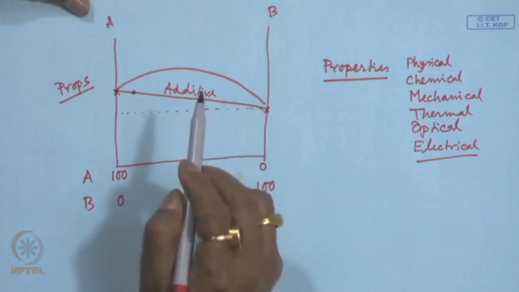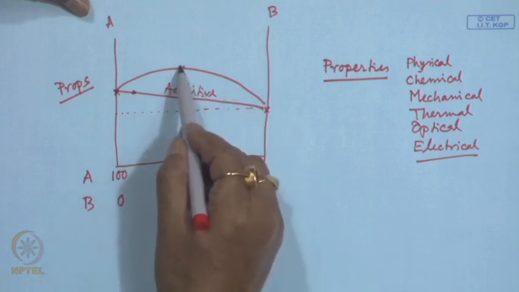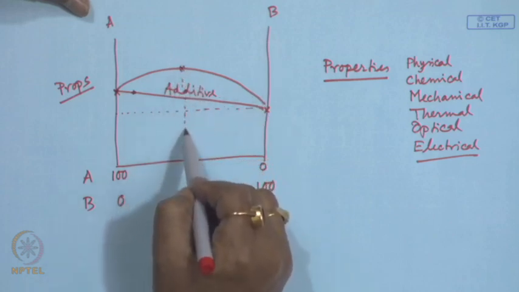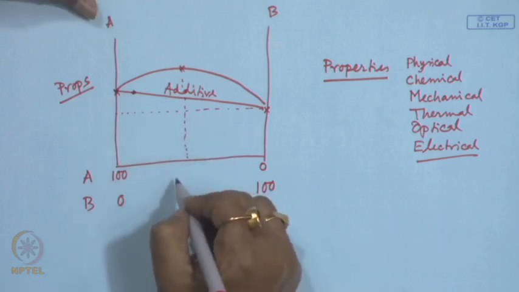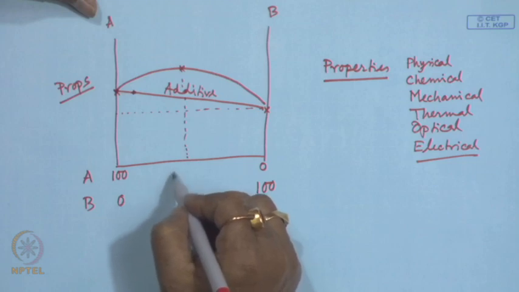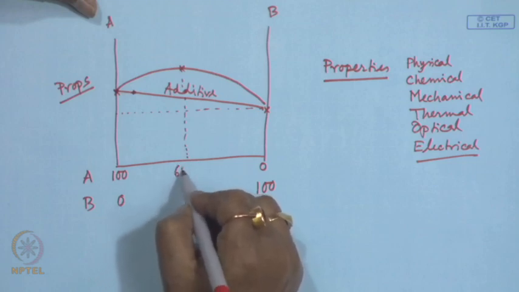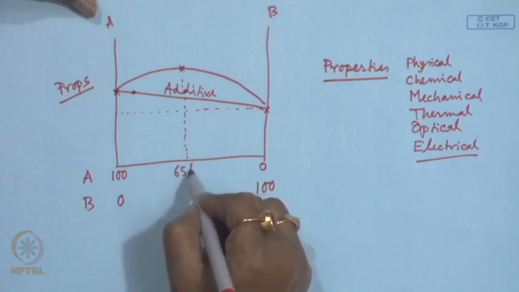That means, there can be some composition, say here it is. So, here it is, suppose say 65-35, for example.